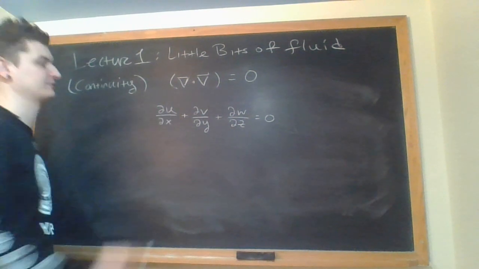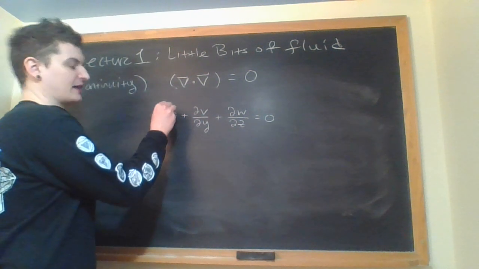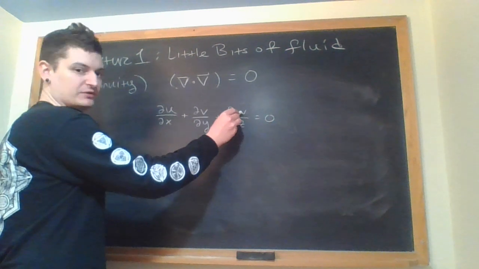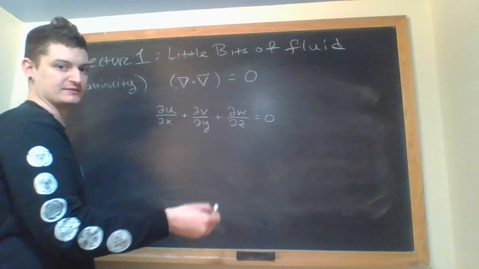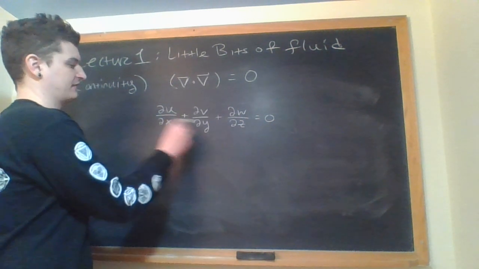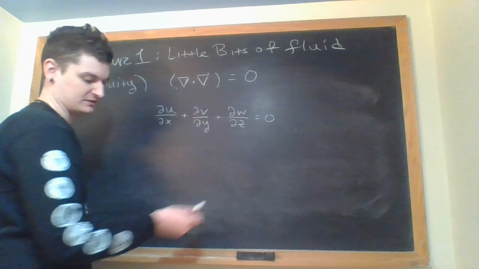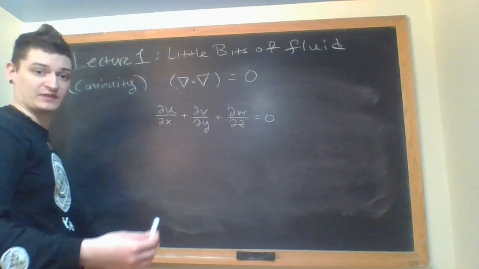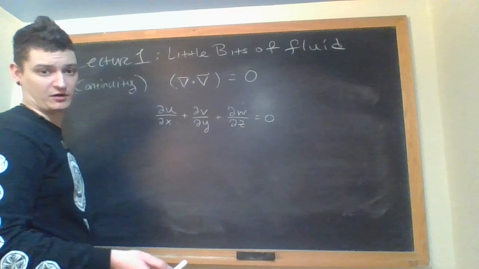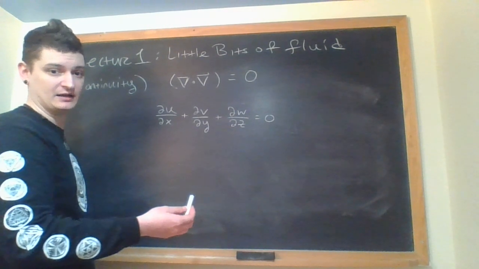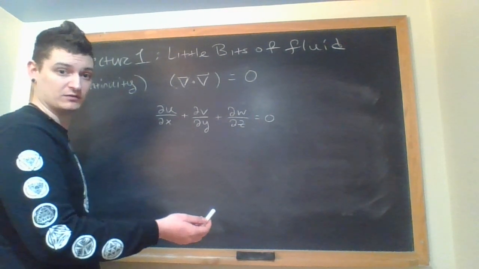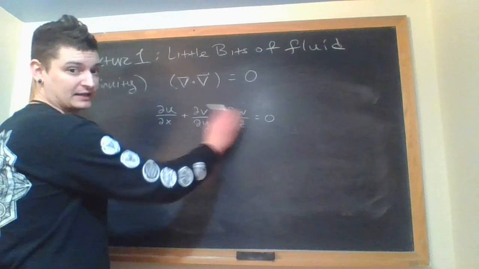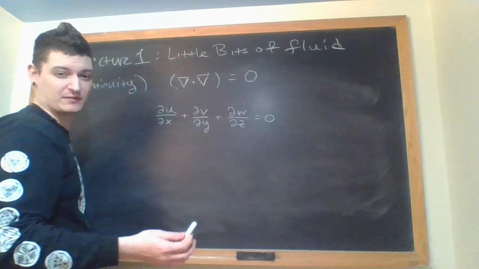So these are the components where the vector field has an x component, a y component, and a w component, and that makes the whole vector. You dot them together, and you get this expression. The first simplification you can do for all fluids is taking dimensions away. You could have one-dimensional flow, but that's not really that interesting.